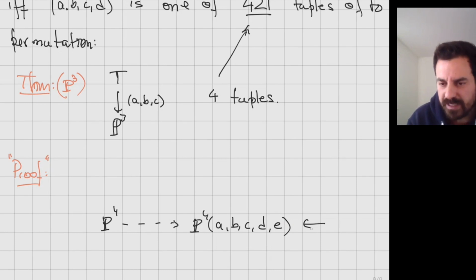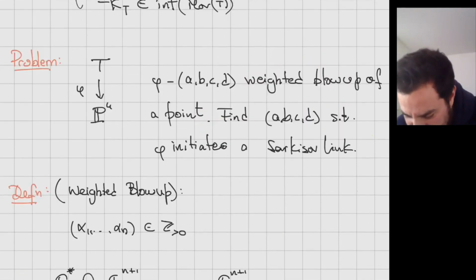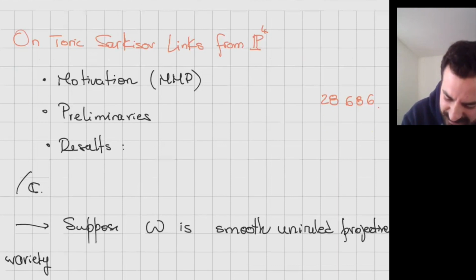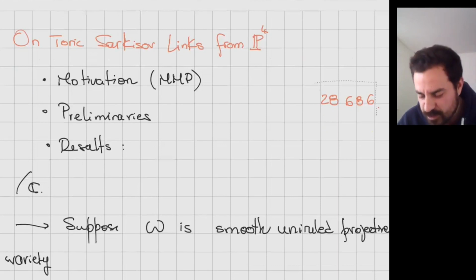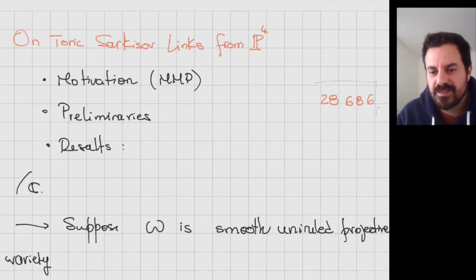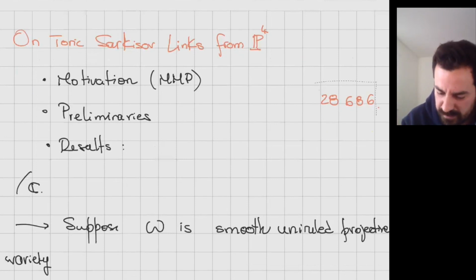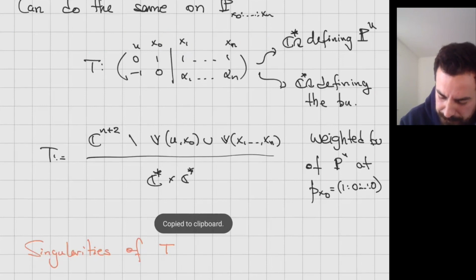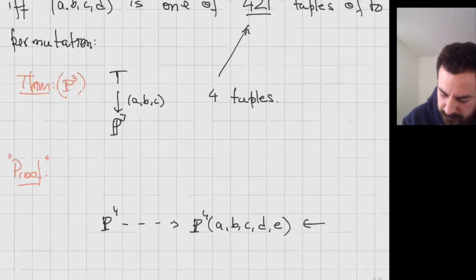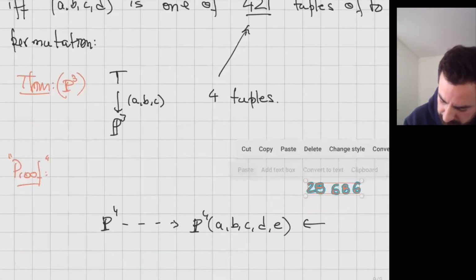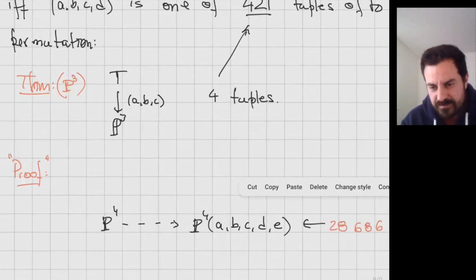How many of these are terminal and Q-factorial? The answer was right in the beginning. There are 28,686 weighted projective spaces of dimension 4 which are terminal and Q-factorial. This is the number of possibilities in principle.